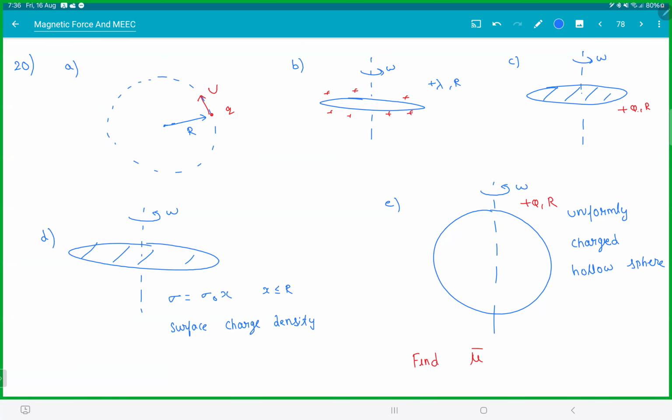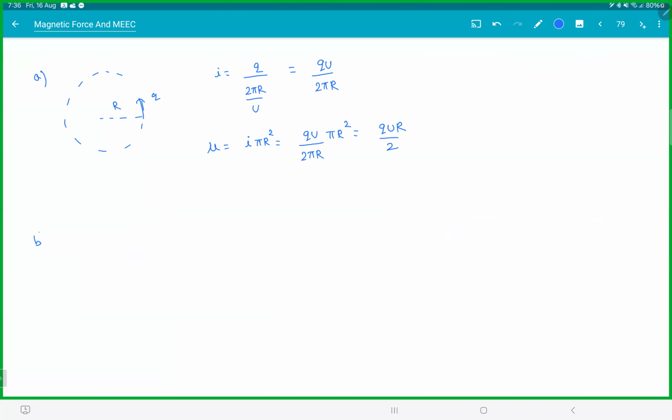What is the second one? It's a ring. So I would be Q by 2 pi by omega. The mu would be I into pi R square.